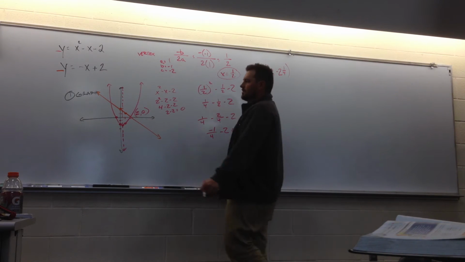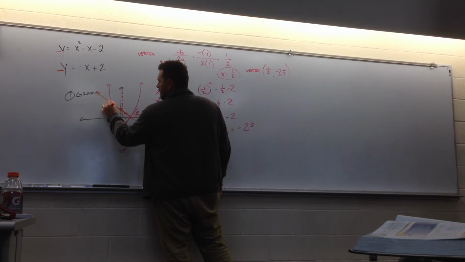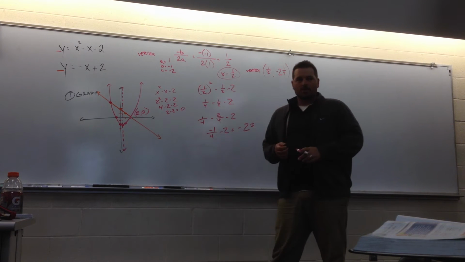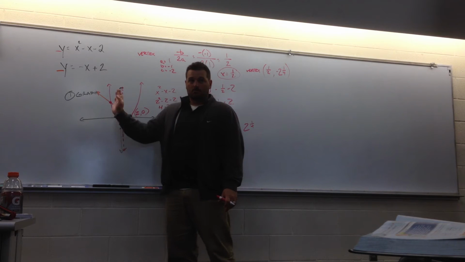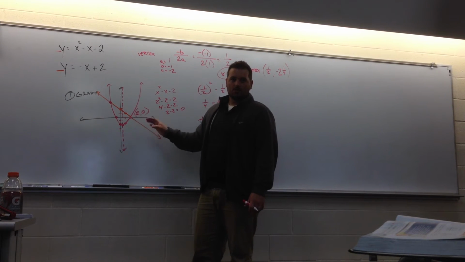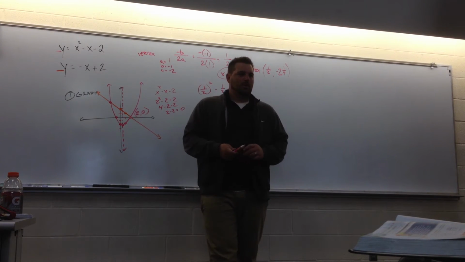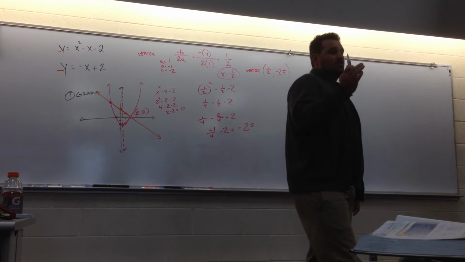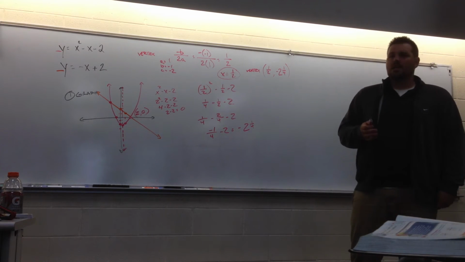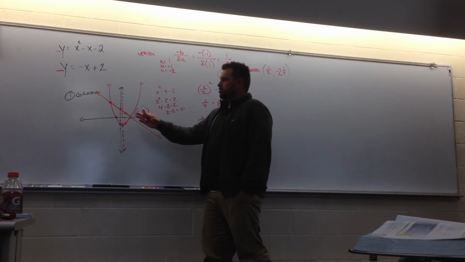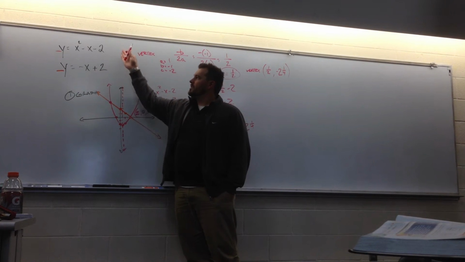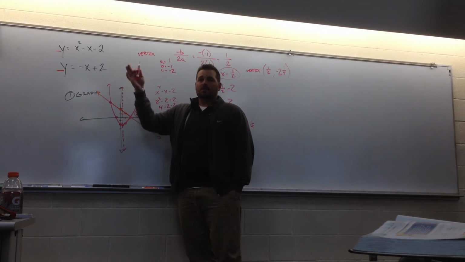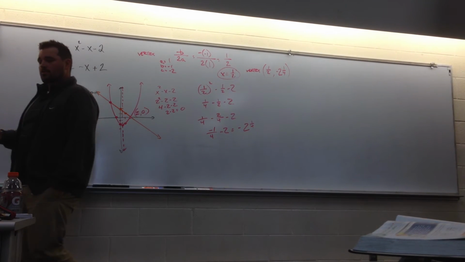The other solution is the point over here where they cross. So what I have to do, and this would be easier if we were on a legit coordinate plane here, not my poor drawing, where you could kind of see and then you could start picking values that you think are where they cross, plugging them in to see if it indeed does go through both this and this. If it does, that's your other solution.